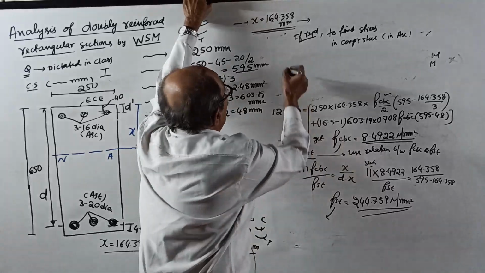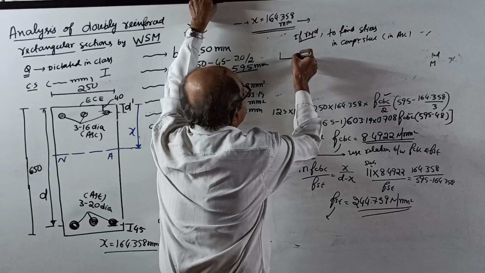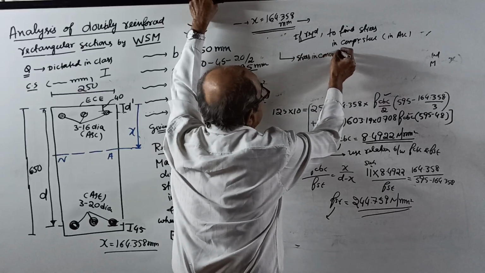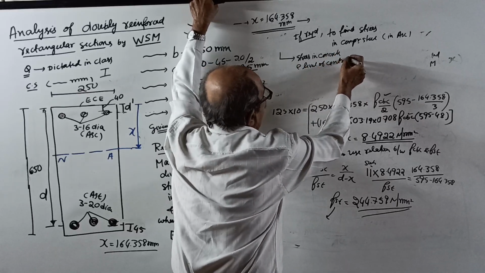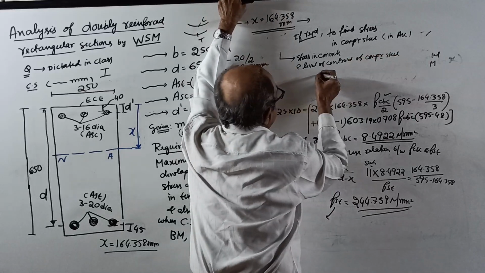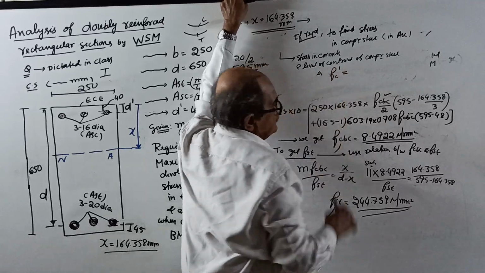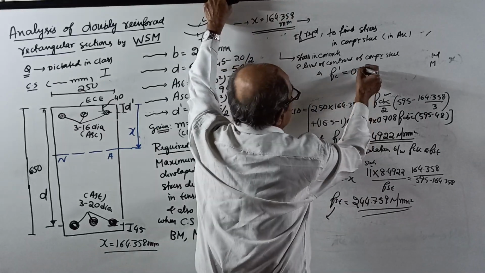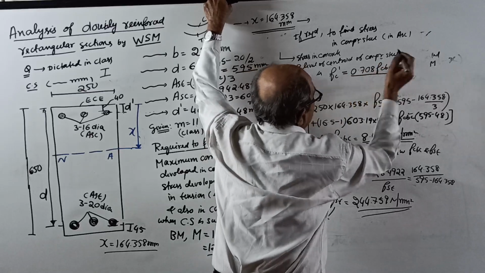We already know that stress, right? You should write here: stress in concrete at the level of centroid of compression steel is FC dash, which we got equal to 0.708 FCBC, already from similar triangles.